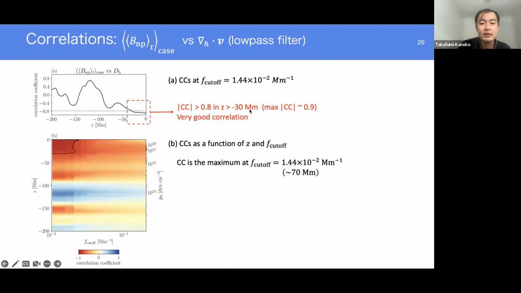So basically over minus 30 megameter, the correlation is good. The lower panel also shows the correlation coefficient as a function of depth and cutoff frequency, and basically the trend is the same as the result of the downflow case.